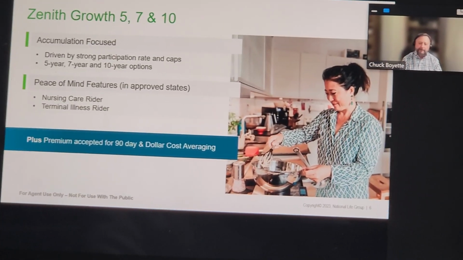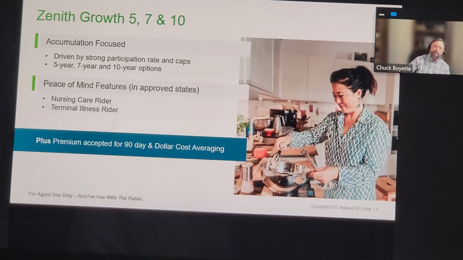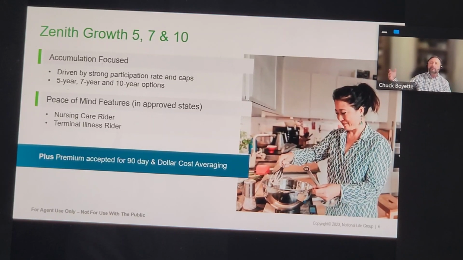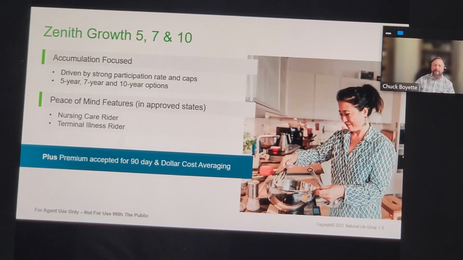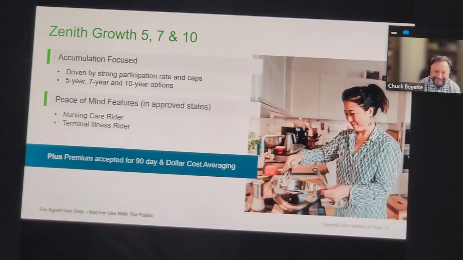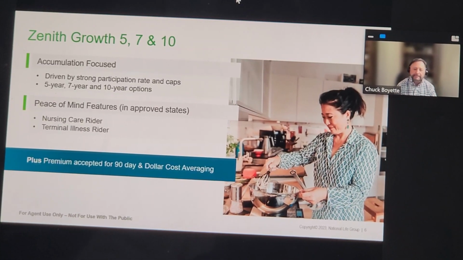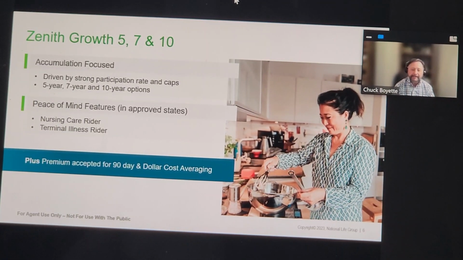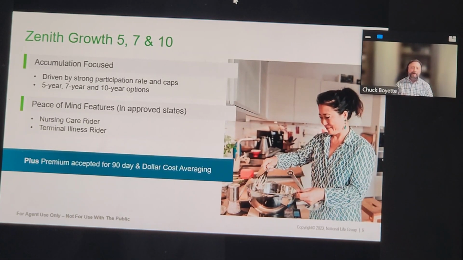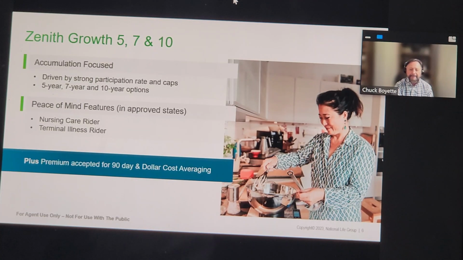Zenith Growth is really for a client that probably has 10 years or longer to accumulate their retirement income. And Zenith Growth is a great option because of those high participation and cap rates, it will allow your clients to accumulate potentially a lot of value within their annuity portfolio.